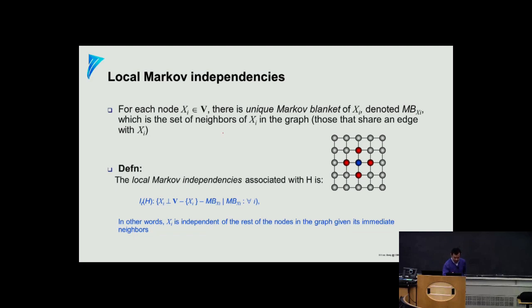Basically, it says that Xi is going to be independent of X minus i and minus something called the Markov blanket of Xi. And the Markov blanket in this case is the direct graph neighbors of the node, given the Markov blanket of i. Okay?